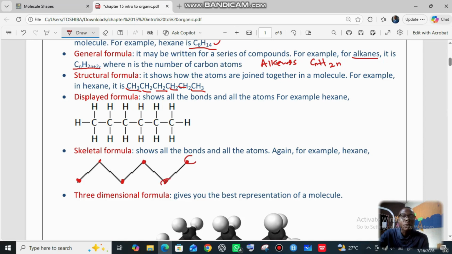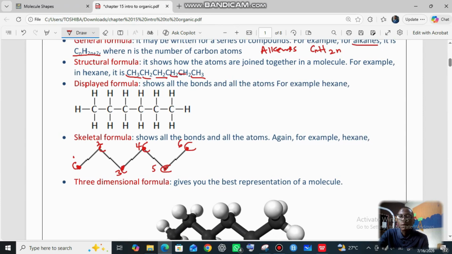It's more like saying there's a carbon here, a carbon here, another one here, another one here, and another one here. That is 1, 2, 3, 4, 5, and 6. So 6 carbon atoms. So this is hexane.